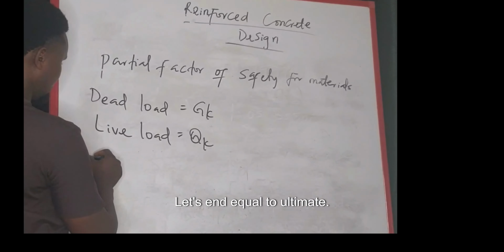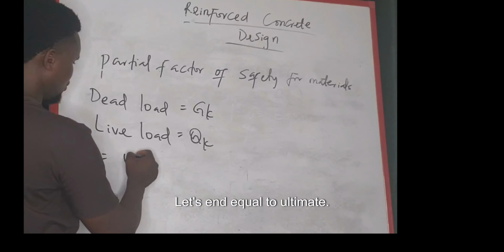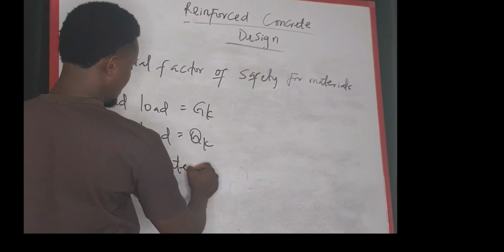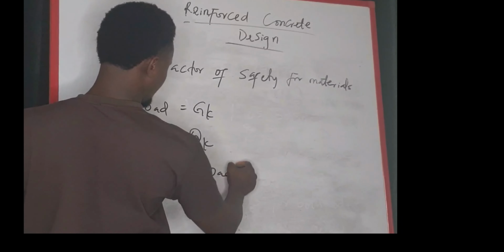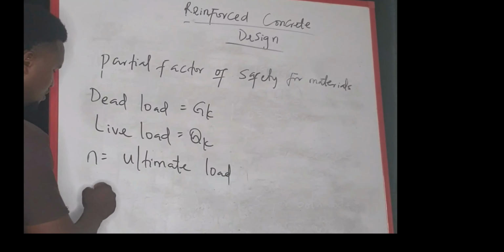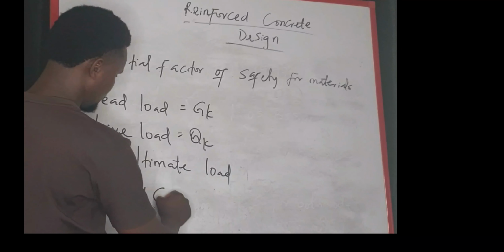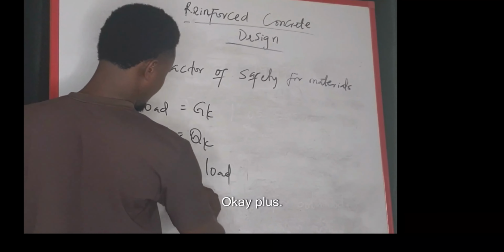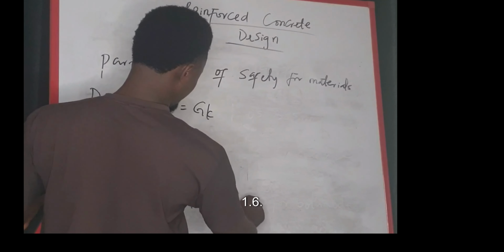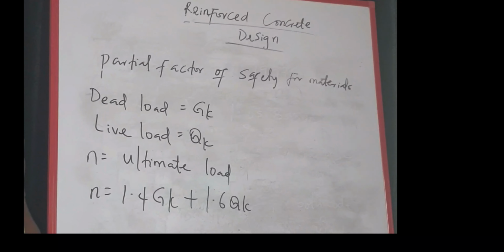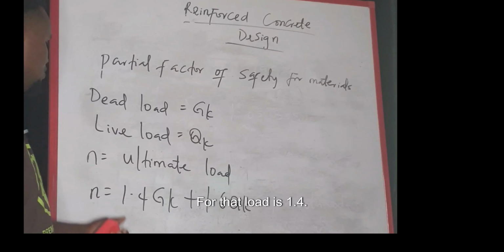The method is saying this. Let's say, for instance, let N equal to ultimate load. So N will be equal to 1.4 GK plus 1.6 QK. So the factor for dead load is 1.4.